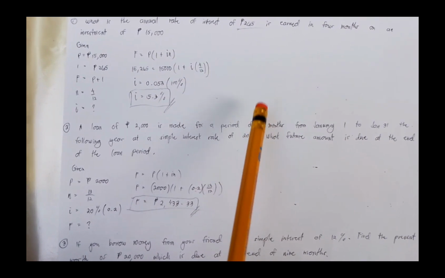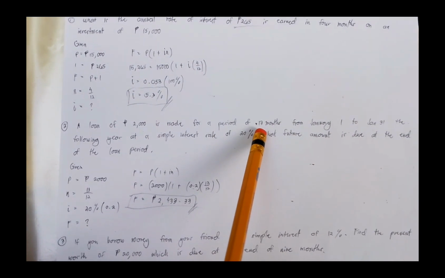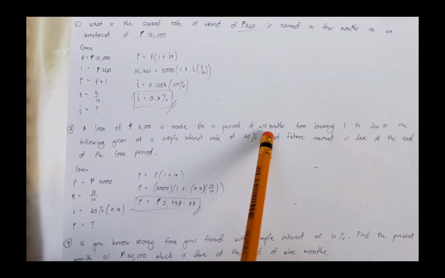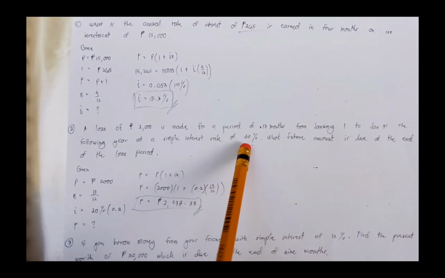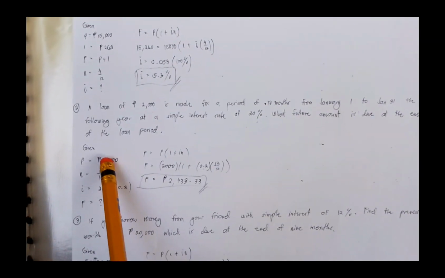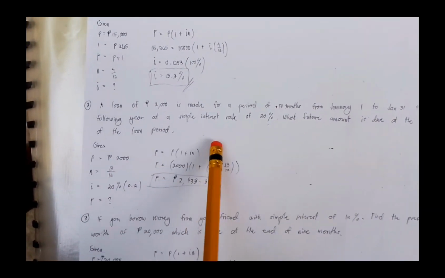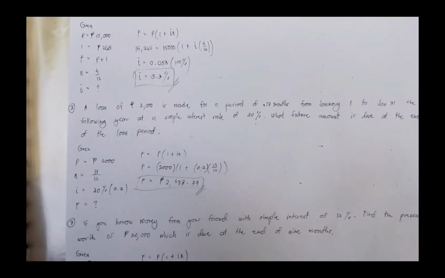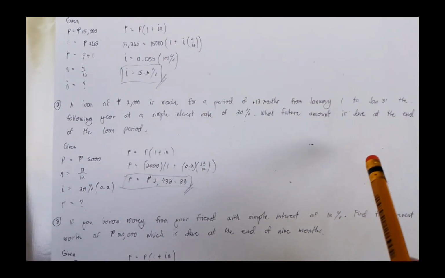So this will be the due. And how much money will it grow to after 13 months with an interest rate of 20%? Since all the given are good and there should be only one unknown, we're asking for the future amount.